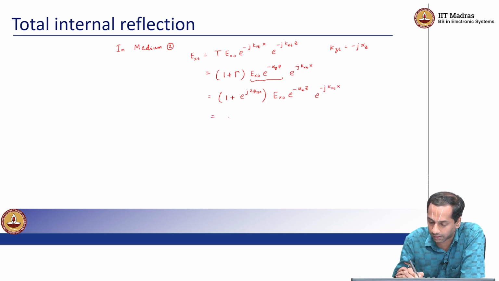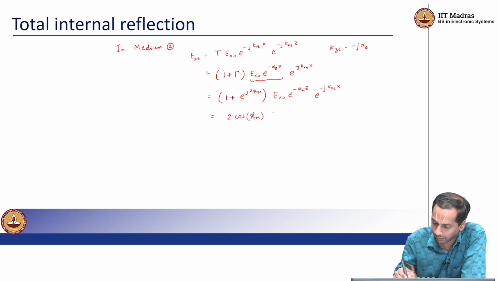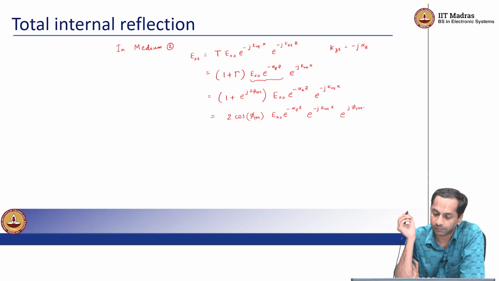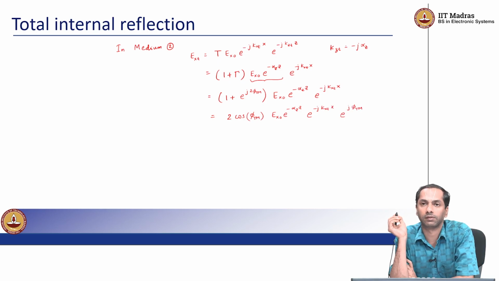And this can be quite simply written as, if I take e to the j phi tm outside, simply 2 cos phi tm Ex0 e to the minus alpha z e to the minus j kxt x e to the j phi tm, right?